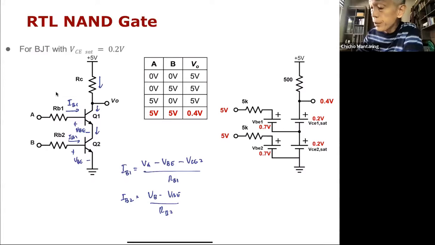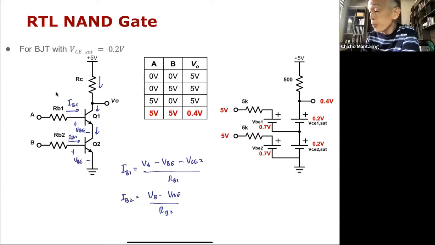Now the other issue with your NAND gate is, remember, the output of your NAND gate should be a valid input to a similar gate.